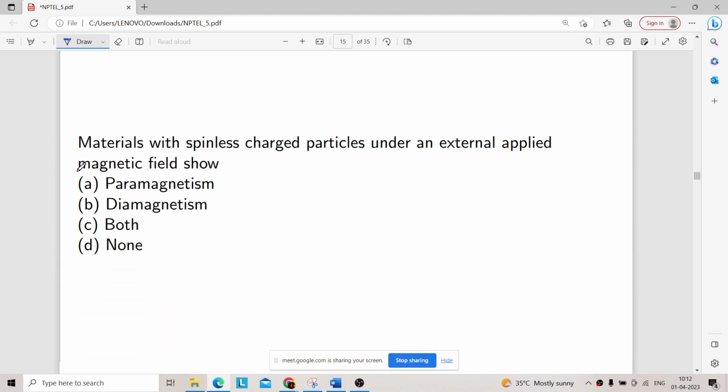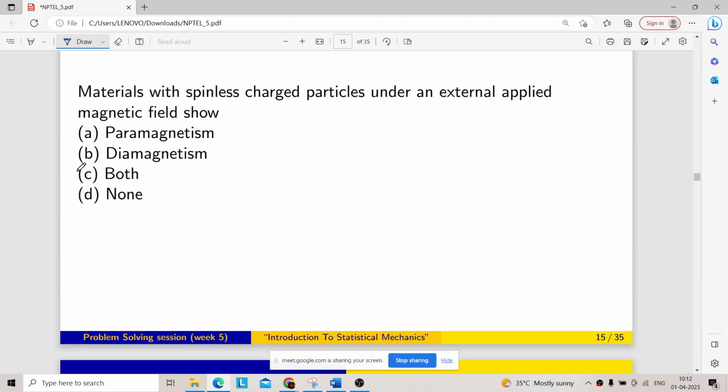Okay. Now coming to the next question, which is related to magnetism. The question is, materials with spinless charged particles under an external applied magnetic field show which behavior? Paramagnetism, diamagnetism, both or none.